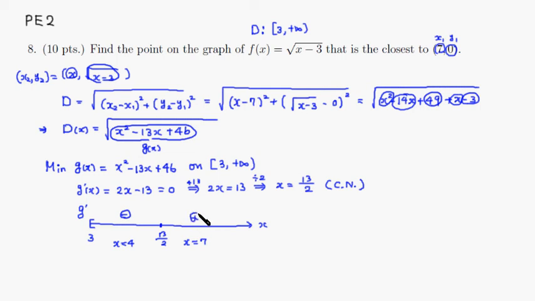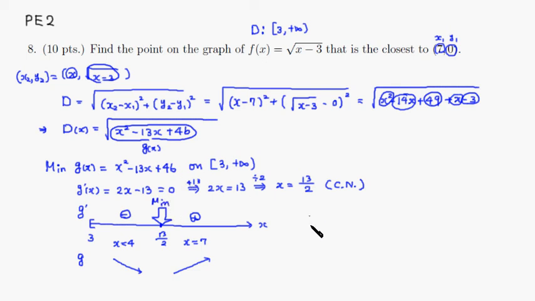So g prime is positive there, which indicates that g is decreasing before the critical number 13 over 2 and increasing after it. So we have a minimum at the critical number 13 over 2.